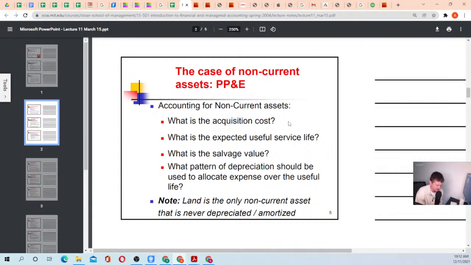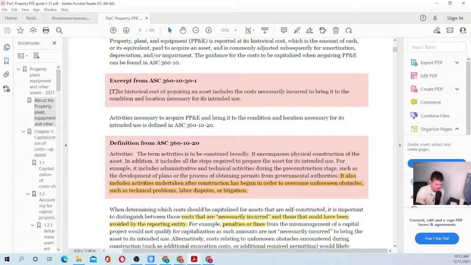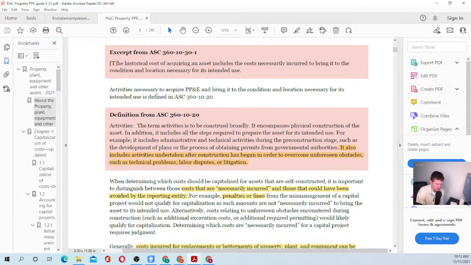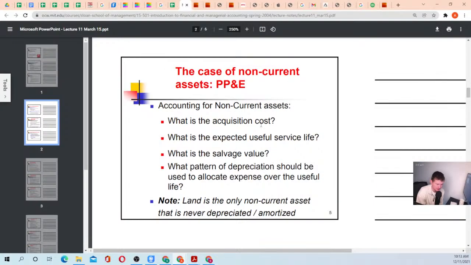To figure out what is an acquisition cost, you need to go to the guidance, find your situation, and go through it paragraph by paragraph and make sure that you classify everything correctly. What is the expected useful service life? That will require your judgment.